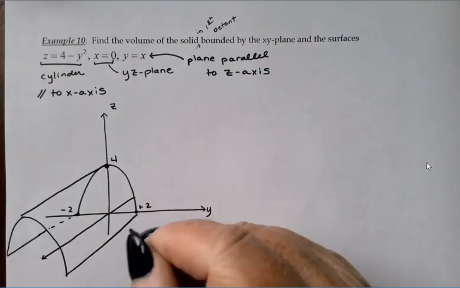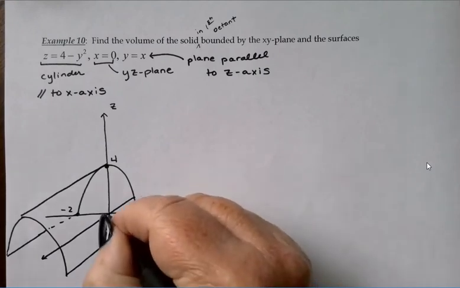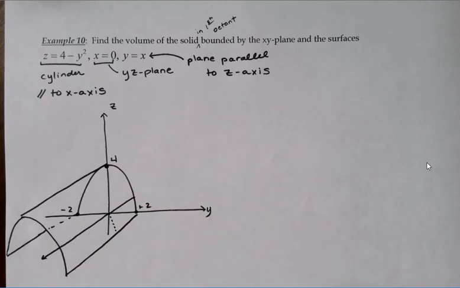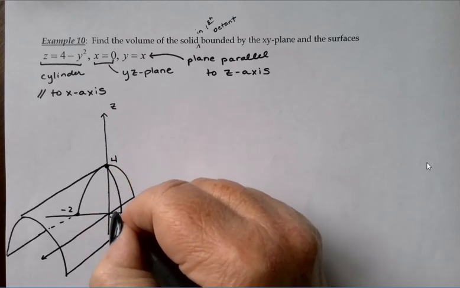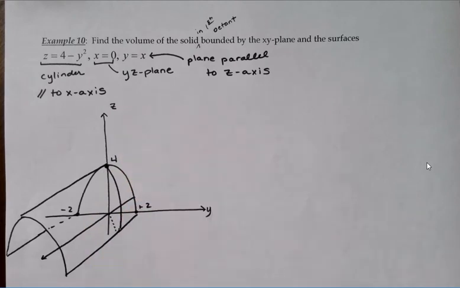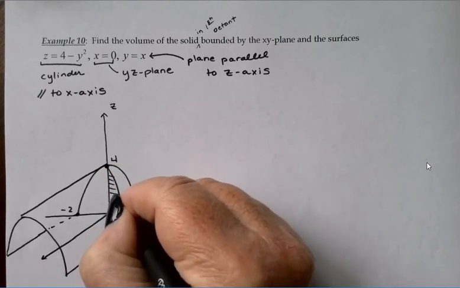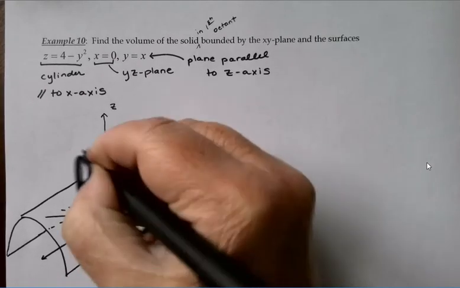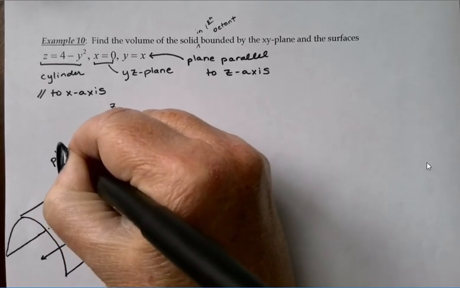I do know that y equals x is just a diagonal line in the xy plane, like so. And then if I just imagine that plane vertical, including the x-axis, it's going to slice through my cylinder, kind of like so. So here's that flat-sided plane. Y equals x.